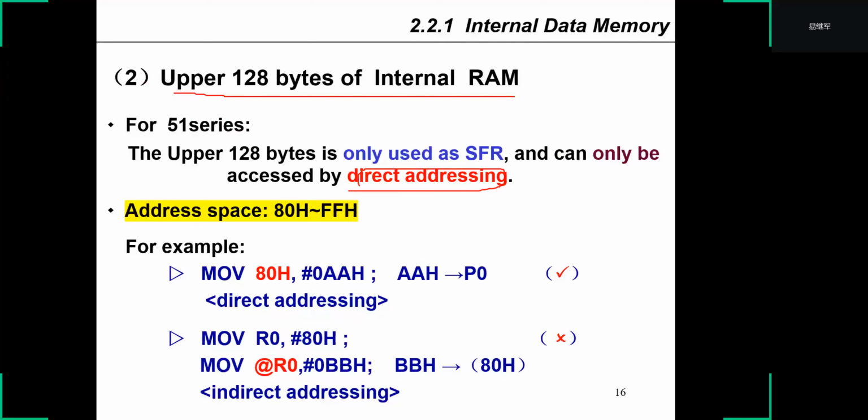The addressing space is 80H to FFH. For example, you move a number to 80H, and you use this address 80H.